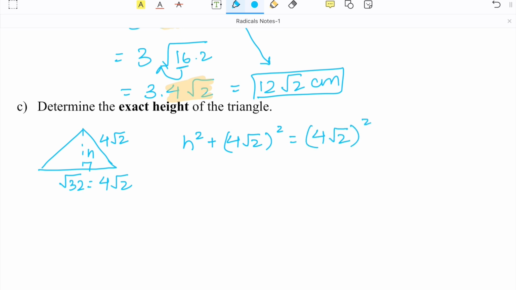Okay? So let's subtract both sides with 4 root 2 squared. Oh, I made a mistake here.